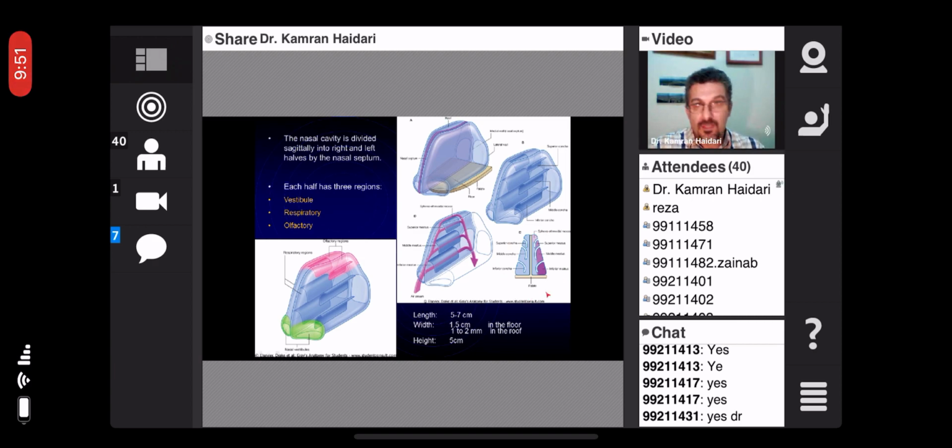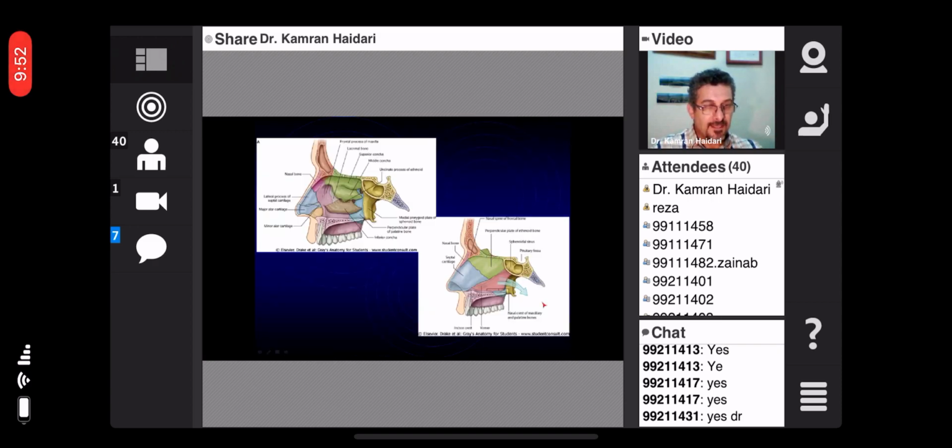This is the coronal or frontal section, picture C, and you can see the nasal septum. For each half of the nasal cavity it is considered as the medial wall. This is the medial wall for this one, medial wall for that one. Okay?